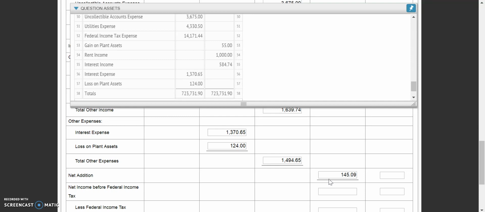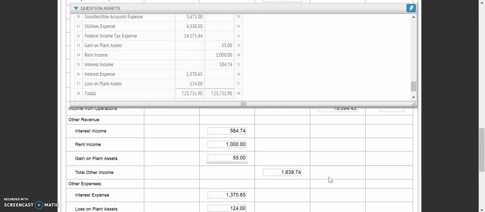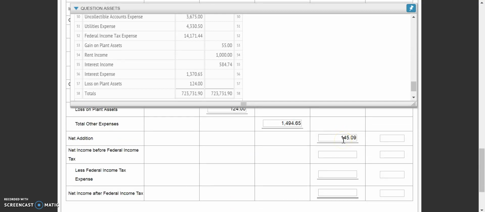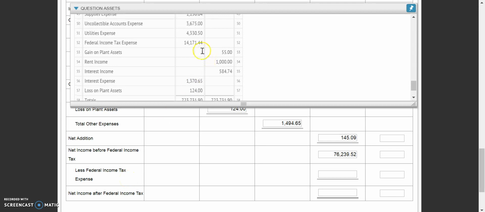So that's going to give us a net income before federal income taxes of taking this 76,094 and adding our little bit of an addition here. So we end up with 76,239.52. So we can't forget our federal income tax expense, which was 14,171.44.